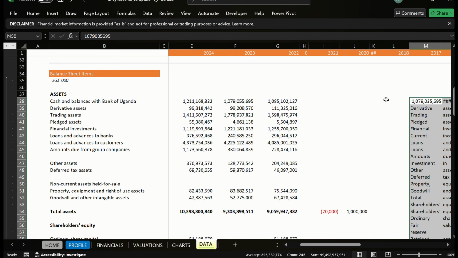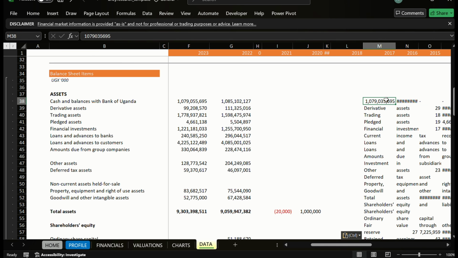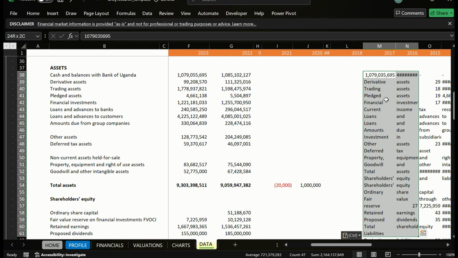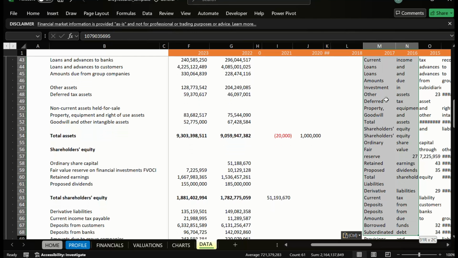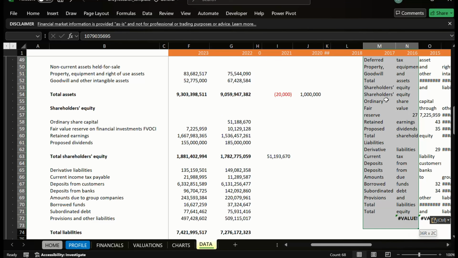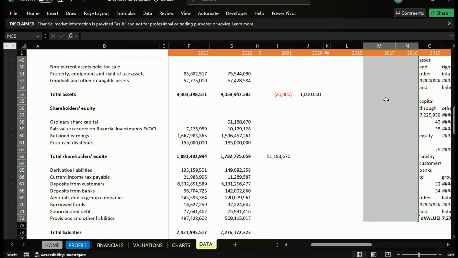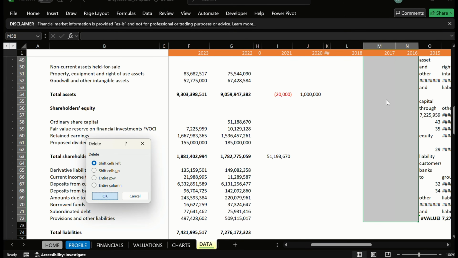So, copy and pasting again. So 19. So this is all displaying one, minus, shift cells left.